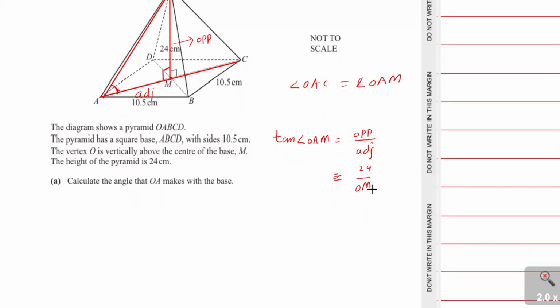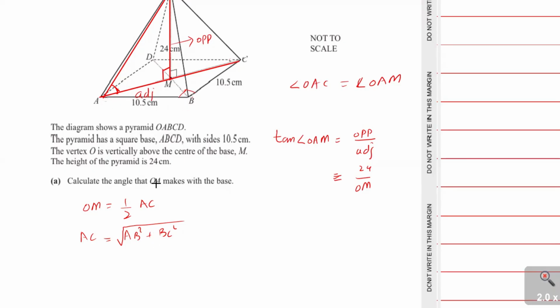If we calculate length OM, we can calculate the angle OAM, and this OM is equal to 1/2 of AC. AC length is equal to the square root of AB squared plus BC squared. We use the Pythagoras theorem because this is a square and the angle between AB and BC is a right angle. Therefore, this is a right angle triangle.